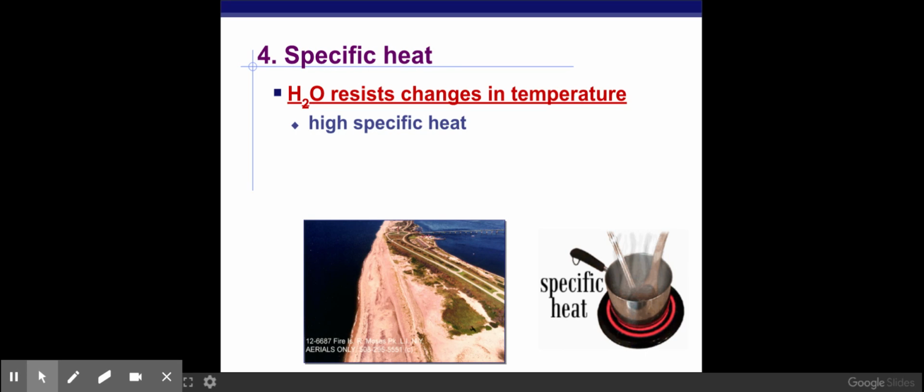The classic comparison is if you look at your metal pot and the water inside of it, the pot heats up a lot faster than the water that's inside of the pot. The metal has a lower specific heat, so it takes less energy to get it to change temperature than the water, which takes a while to heat up.